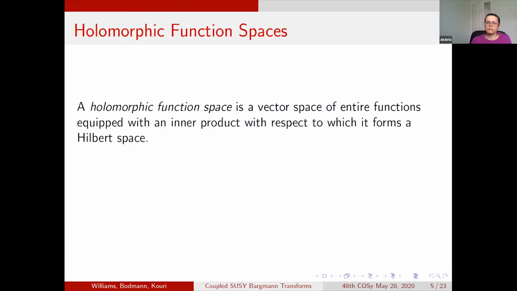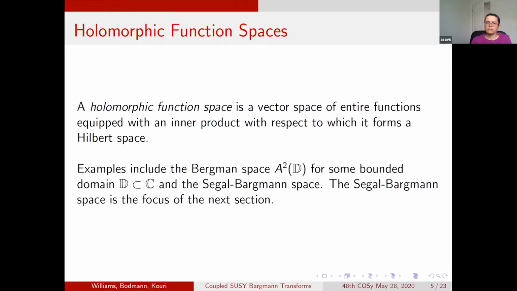And then when you do a completion, it forms a Hilbert space. So some examples are the Bargmann space, typically on the unit disk, and then the Siegel-Bargmann space. The Siegel-Bargmann space is what I'm going to focus on because that's what I'm working with, Bargmann transforms.